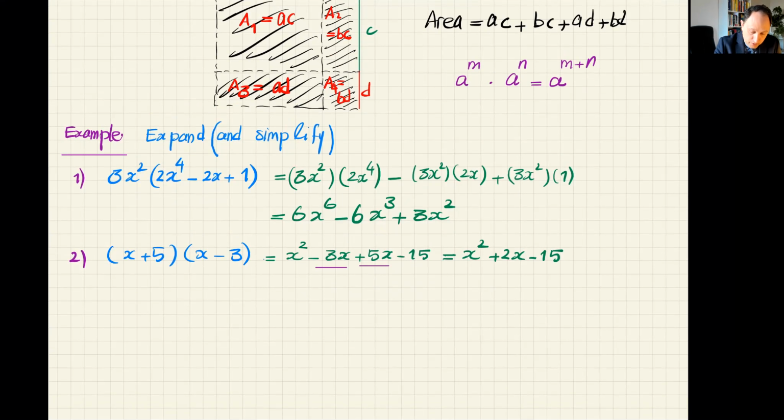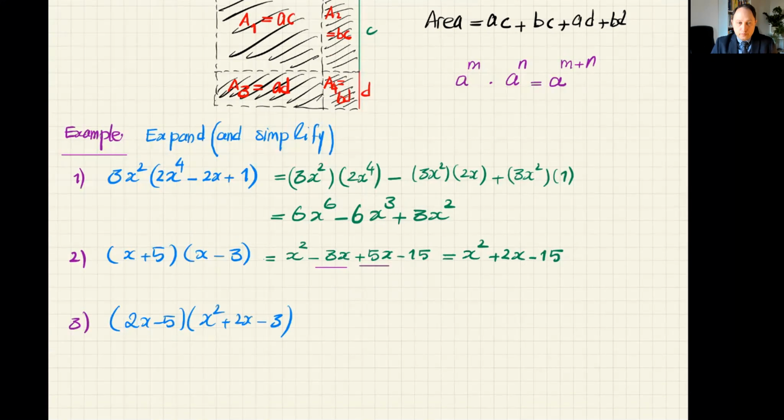Okay, so what happens, for example, for case number 3, I have 2x minus 5, then I multiply it by x squared plus 2x minus 3. The story is the same, actually. I break this into 2 terms, and I break this into 3 terms.